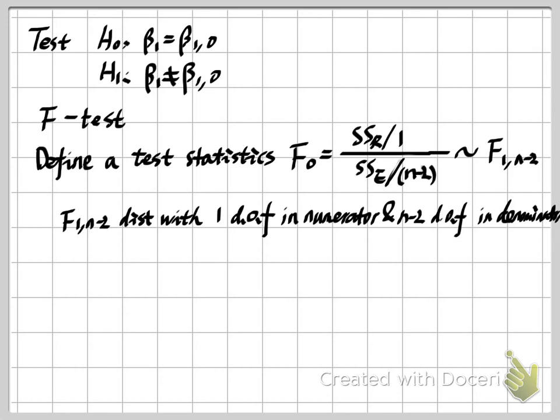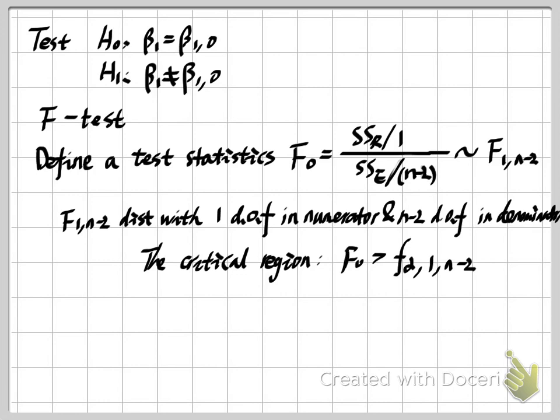And then what do we do with this test? It is still about finding a critical value for our test, or in other words, finding the critical region. For this F distribution, for a given significance level alpha, the critical region is where our F0 is greater than the critical value F alpha, 1, n minus 2.